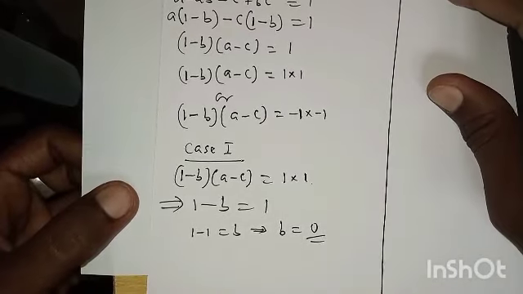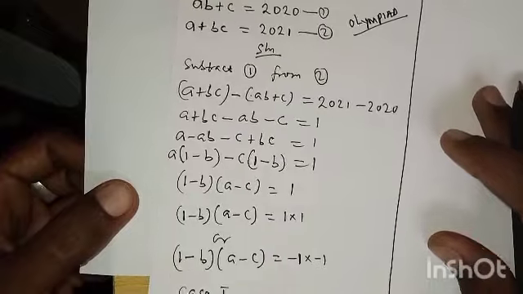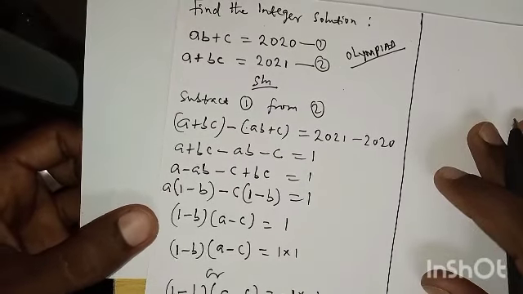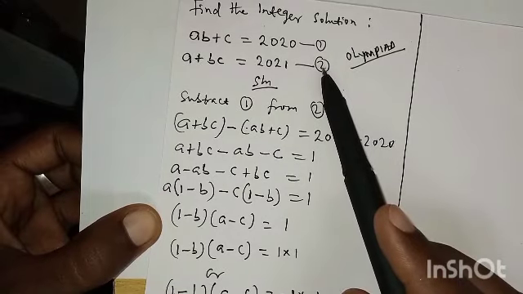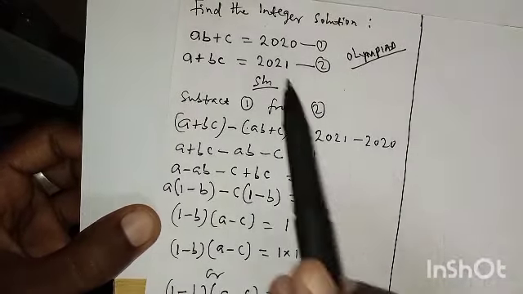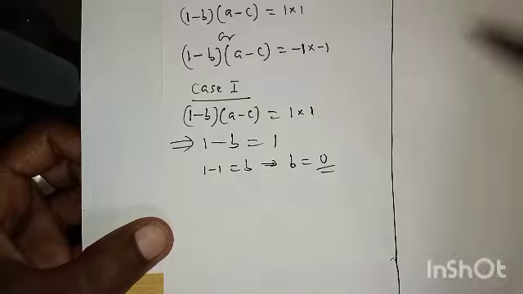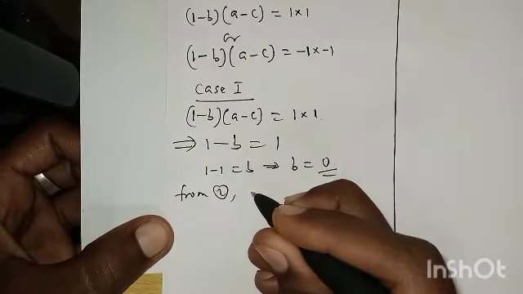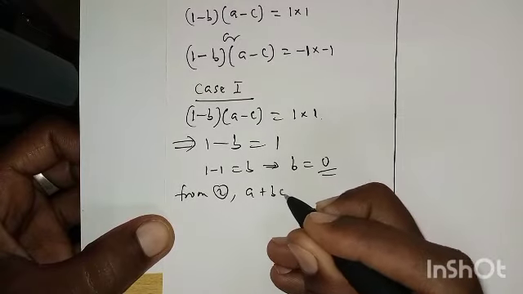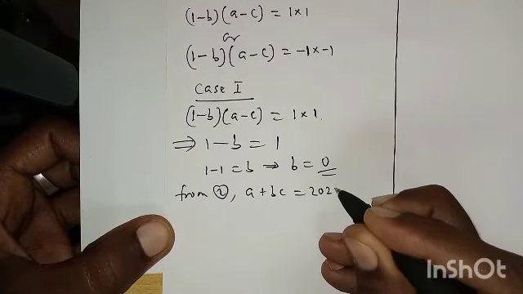So now you come back to equation number 1 or 2. Let us take equation 2. We have A plus BC equals 2021.